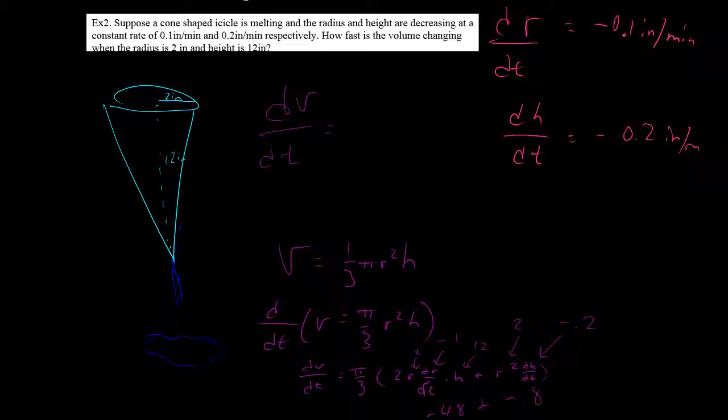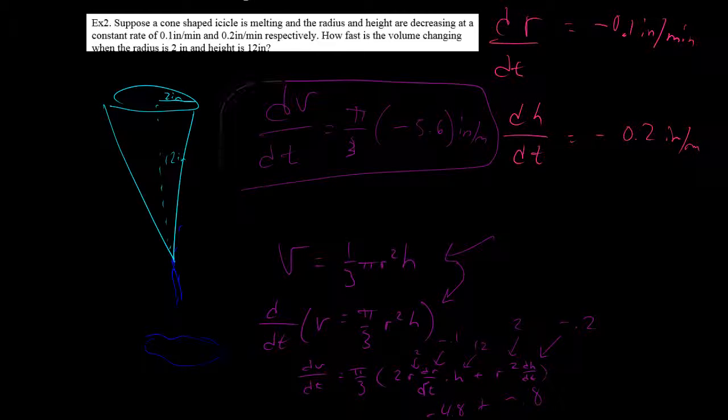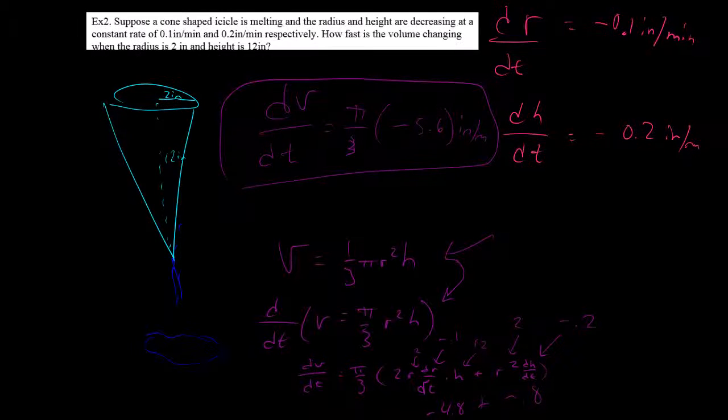So our volume is changing at pi thirds, pi over 3, times negative 5.6 inches per minute. So pretty straightforward. Find your volume, take your implicit derivative of this, and then just plug in your information. And bada bing, bada boom, there we are.